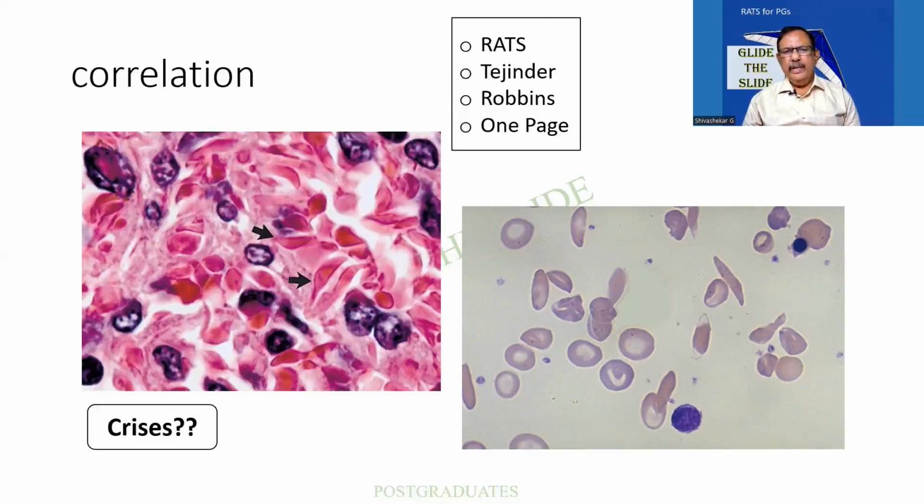Third, there can be recurrent infections. Four, there will be repeated infarcts, which is leading to a condition called autosplenectomy. And finally, there can be a burnt out syndrome or an aplasia. Your books on hematology will be giving it, and this is not an uncommon question for us, both in theory and in viva.